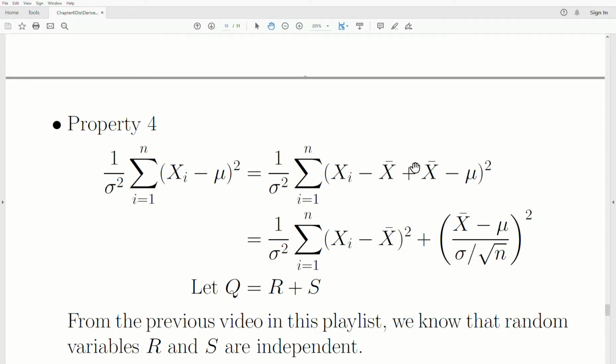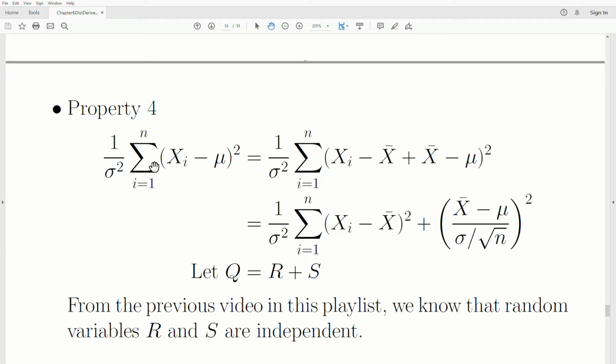Then when we square this, we keep these terms together and these two terms, and then we sum them. These become this, and the cross product ends up going to 0. Then this squared, summed, gives us this piece right here. Now, let's call this Q, this term R, and this term S.